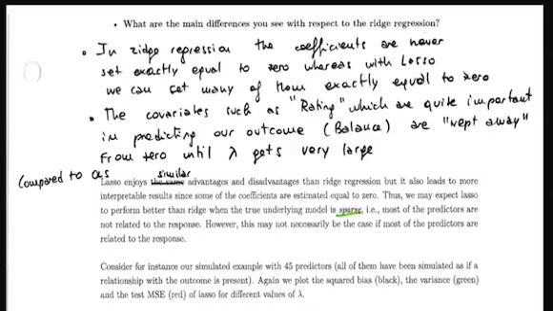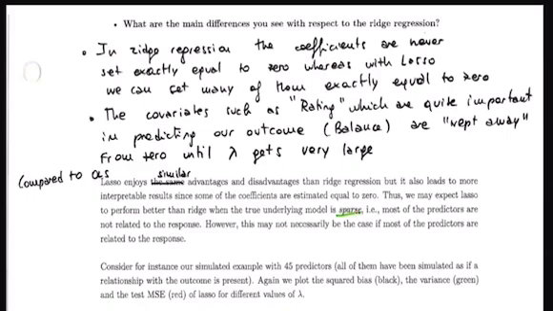Okay, sparse, like sparsity. Maybe your intention is, oh, I got a lot of variables, and I actually want to sparse my model. Sparsing a model is eliminating completely some that are not relevant. So that's why I said most of the predictors are not related to the response.